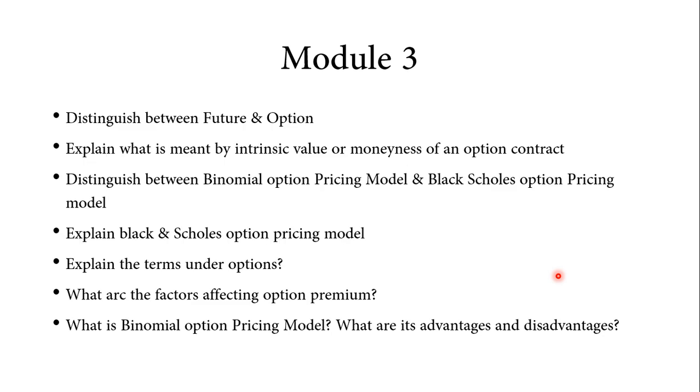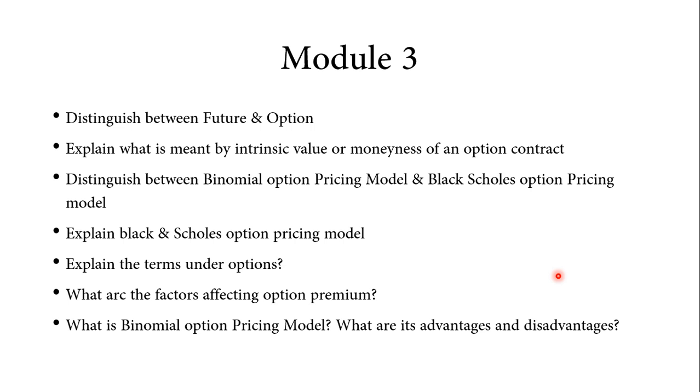Okay, next under module number 3: distinguish between futures and options, a very important topic. Then what is meant by intrinsic value or moneyness of an option contract. Next we have distinguish between the binomial option pricing model and the Black-Scholes option pricing model.